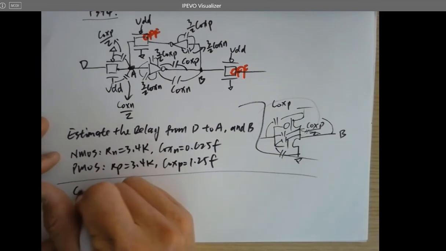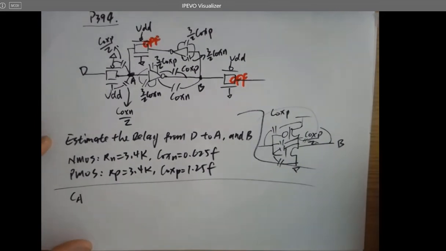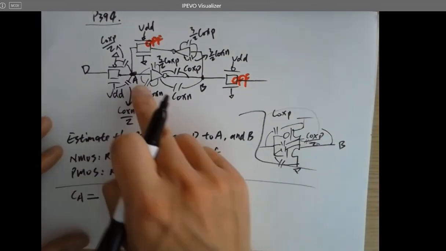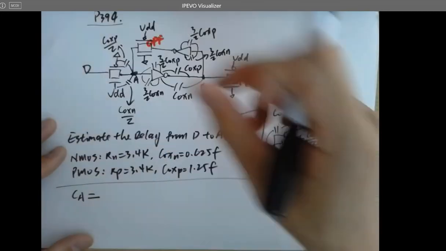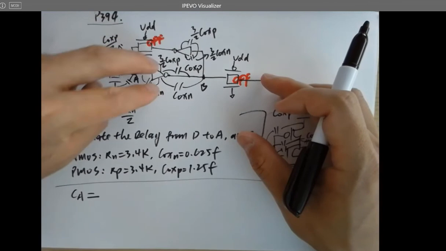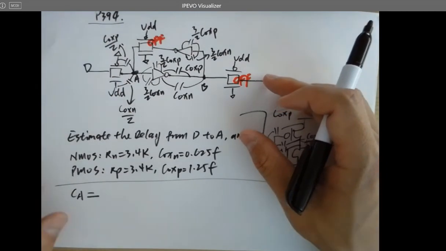So let's get the capacitance at point A first. So what is CA? CA will be these two plus these two, right?